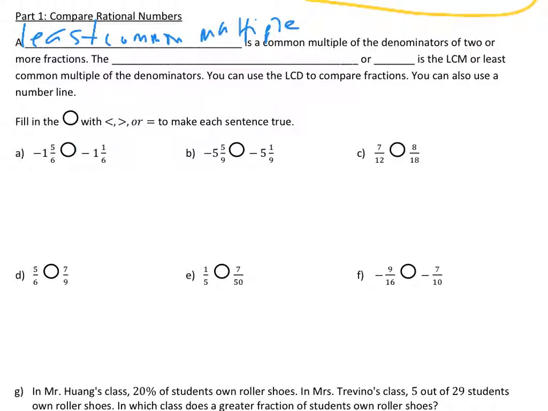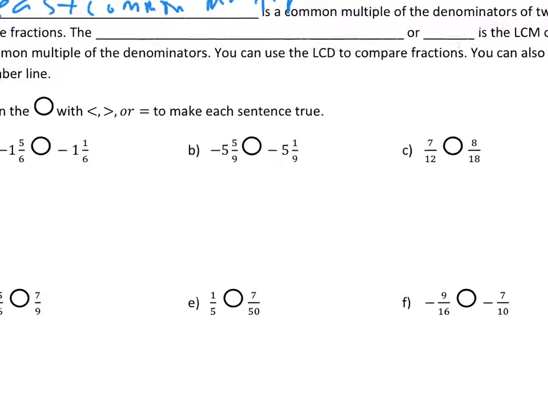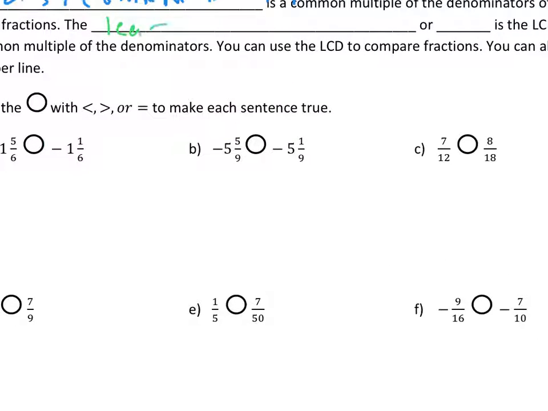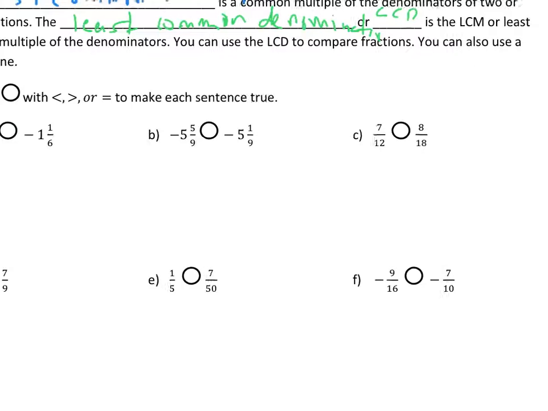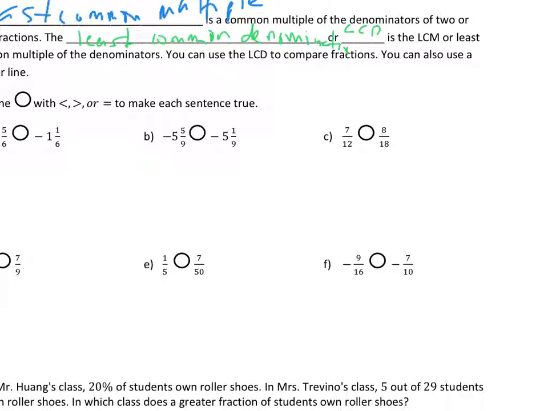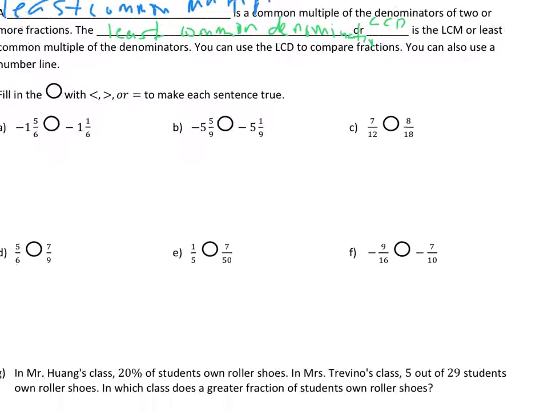The least common denominator, or LCD, is the LCM, or least common multiple, of the denominators. You can use the least common denominator to compare fractions. You can also use a number line.